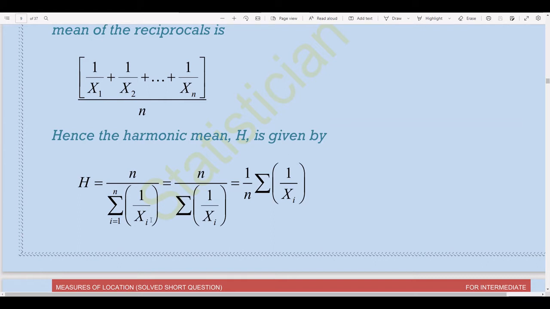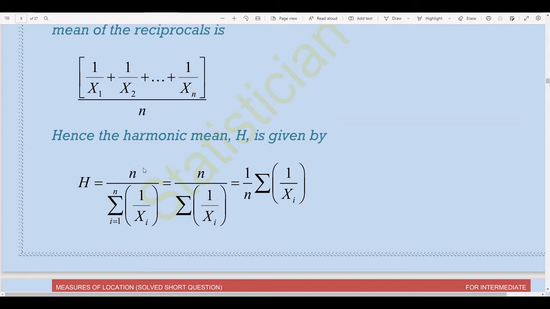As you know, the values are not x1, x2, they are 1 over x1 plus 1 over x2 plus 1 over x3 plus 1 over x4, and so on, plus 1 over xn. So harmonic mean, denoted by H, is the reciprocal of the arithmetic mean, because it is the inverse of the arithmetic mean.